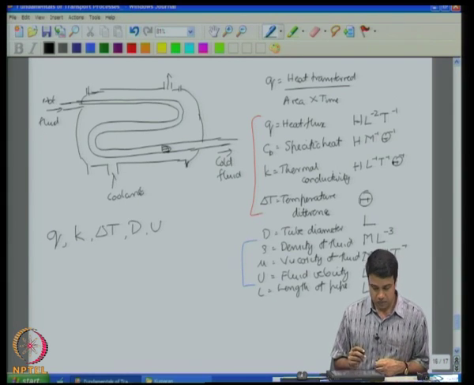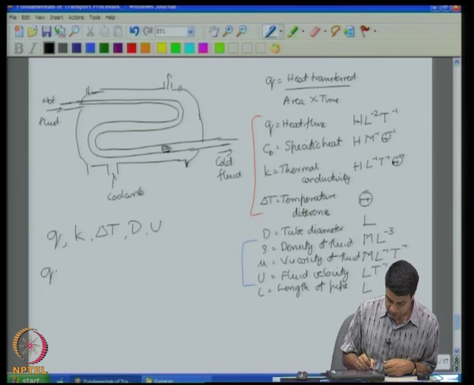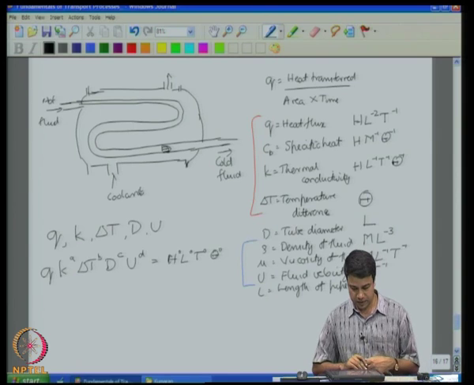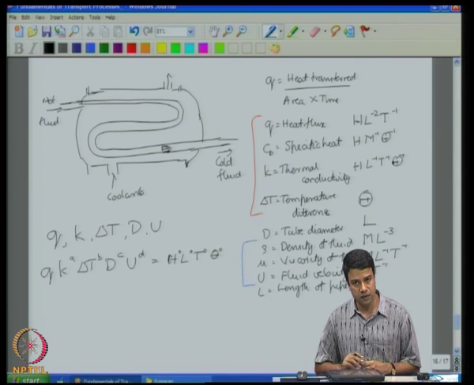So, I have to have Q times K power A, delta T power B, D power C and U power D be dimensionless. So, it has to be H power 0, L power 0, T power 0, theta power 0. And we do it the same way that we did it for the problem of the force on the sphere.